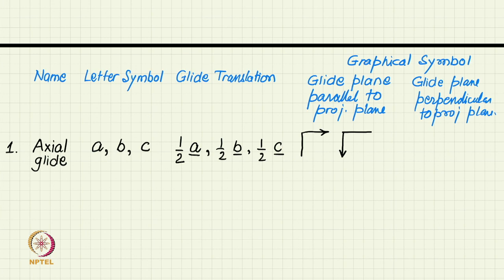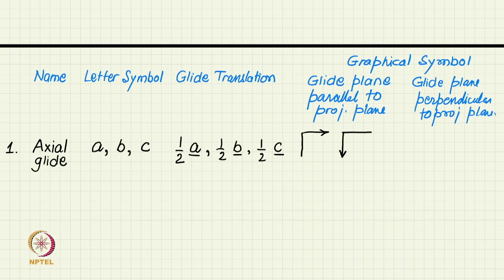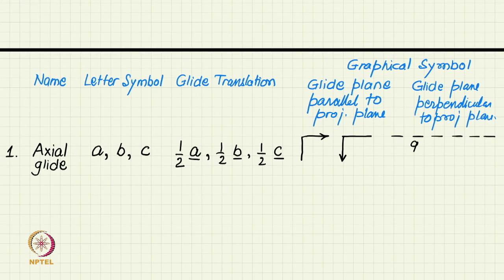Now, if the plane is perpendicular, then there are two kinds of symbol. One symbol, which you are familiar with from 2D, I can show by a dashed line, which actually represents glide parallel to the projection plane.